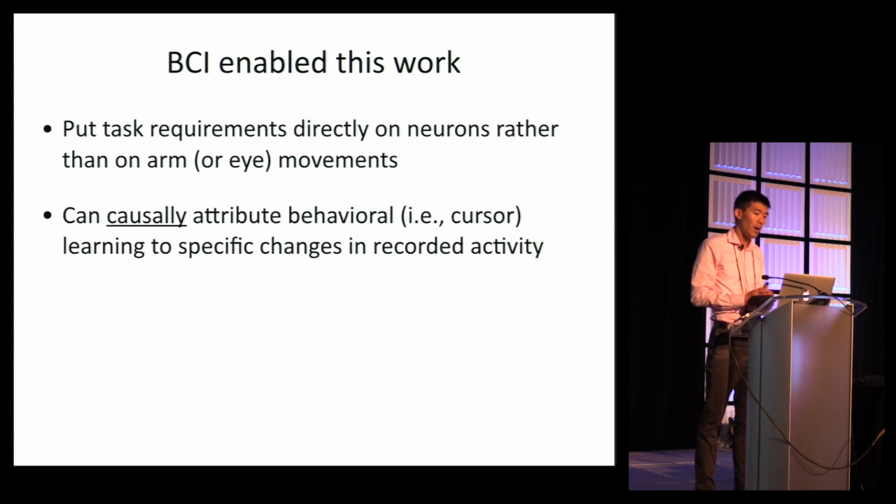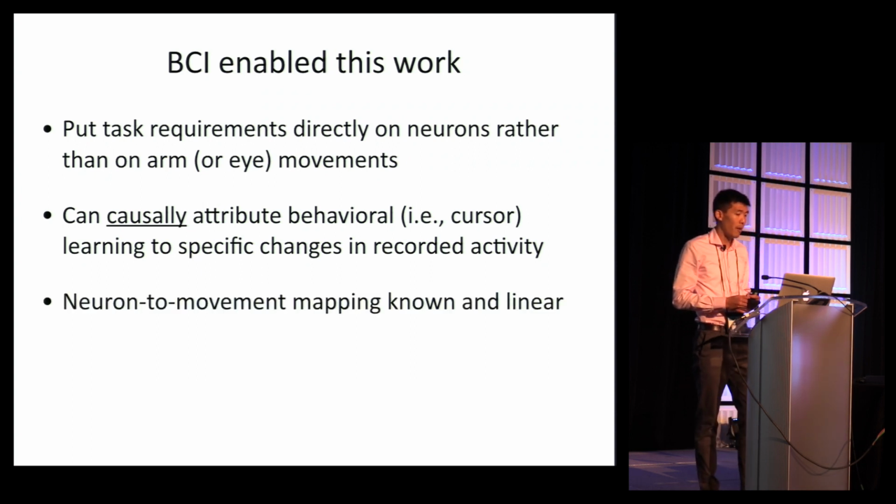Secondly, BCIs enabled this work because we can causally attribute behavioral changes, i.e. changes in the cursor movements, to specific changes in the activity of the neurons that we observed. This is typically not possible when studying eye or arm movements because we typically don't know the causal relationship between the neurons that we record and behavior.